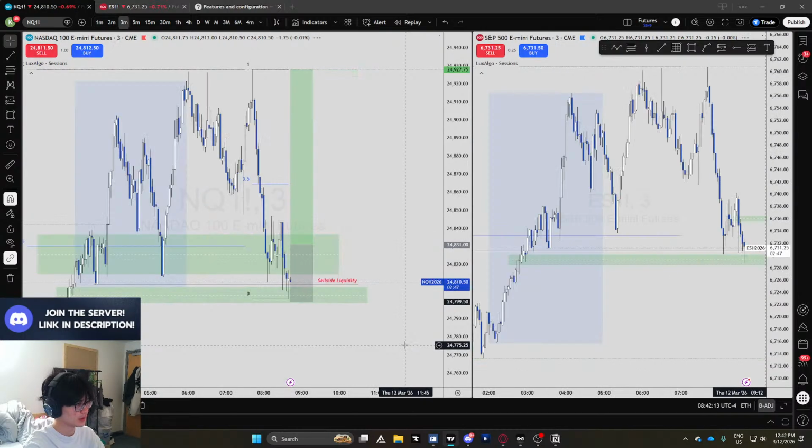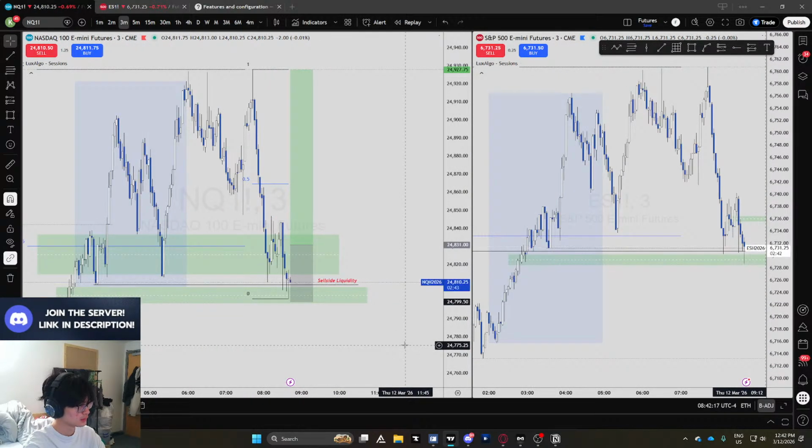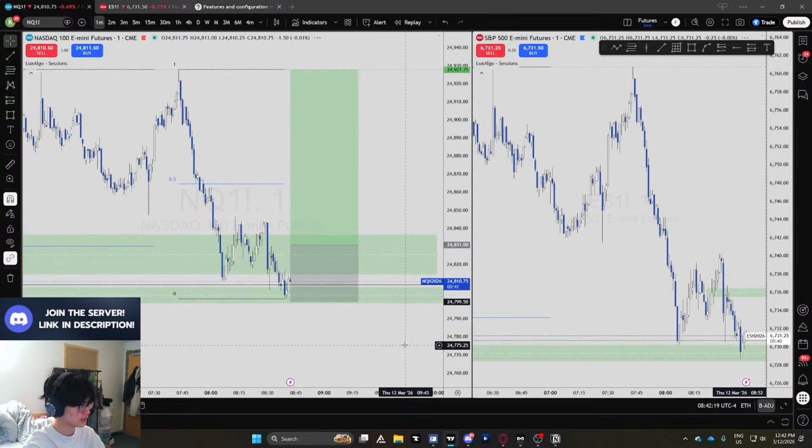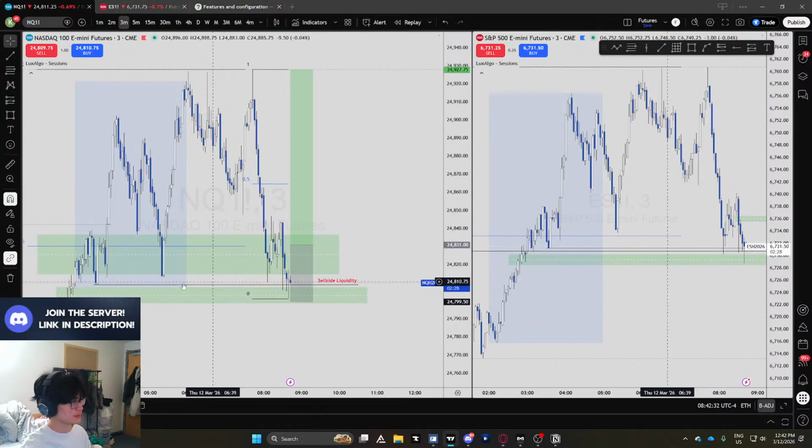I feel like if I'm under 1 minute, I'm kind of trying to force something that might not be there. So I'll focus on a 3 because this actually looks like a sweep on a 3.